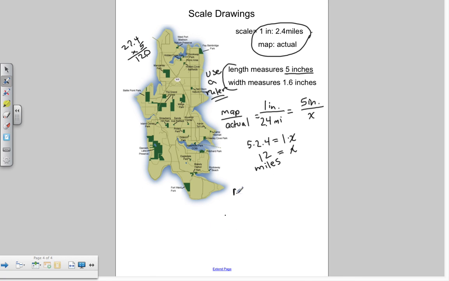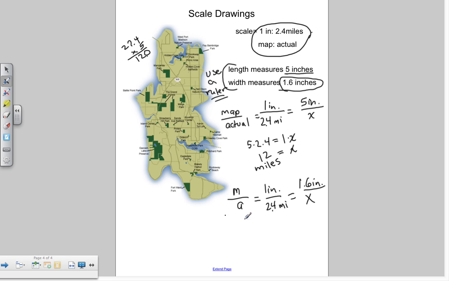Okay, I do the same thing. I do map over actual. I start with 1 inch over 2.4 miles. And then I put in the information that I was given that I found using my ruler, 1.6. Does that go on the top or on the bottom? On the top. 1.6 inches over x.